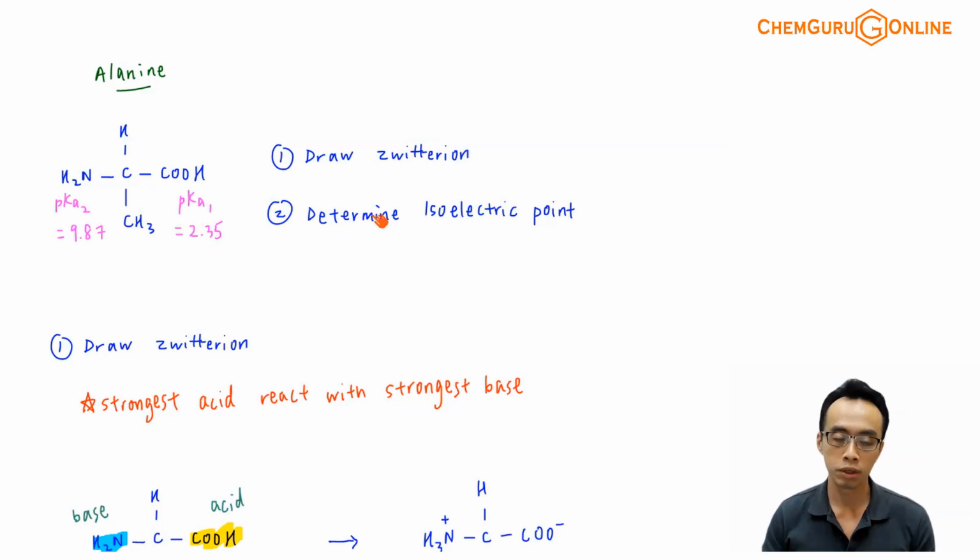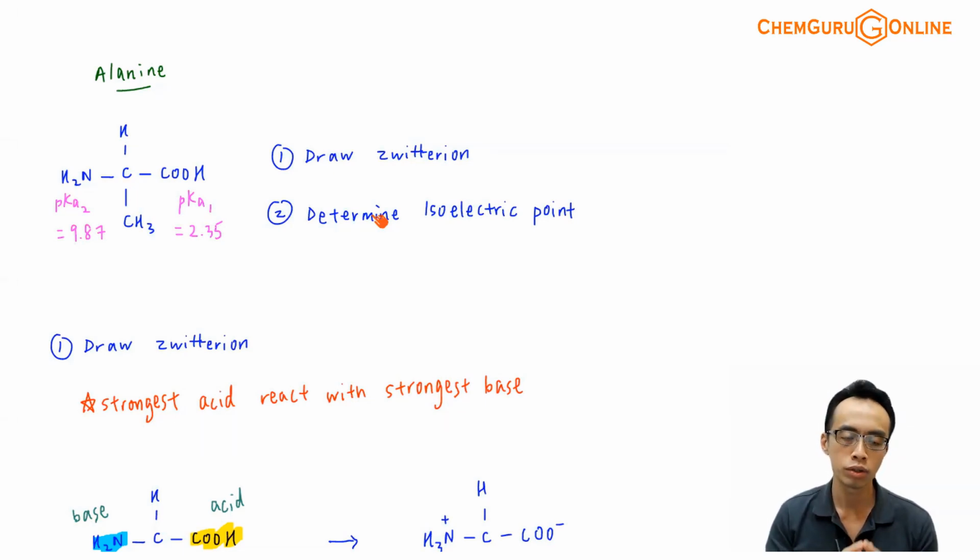Now, we should be familiar with the concept of a Zwitterion. A Zwitterion is essentially a charged species, but it is overall neutral because one part of your amino acid is positively charged and another part is negatively charged. So a Zwitterion is overall neutral. How do I consider drawing this Zwitterion?